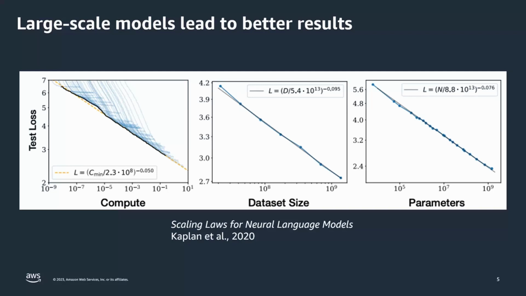There is ongoing research into these exact scaling laws, on what the boundaries are and when and where it will really drop. But for now, it looks like if we continue to increase the size of the model and the data, we can get better results.